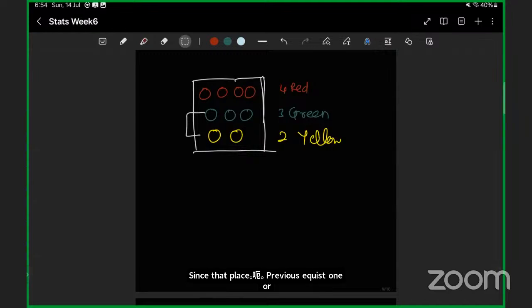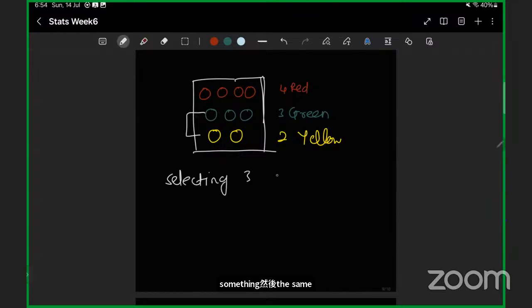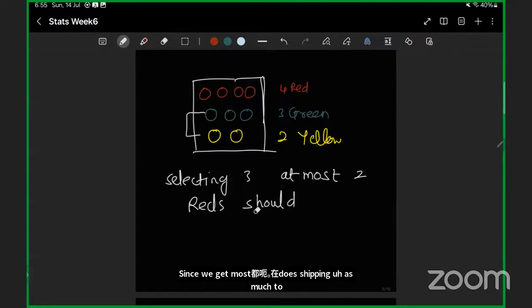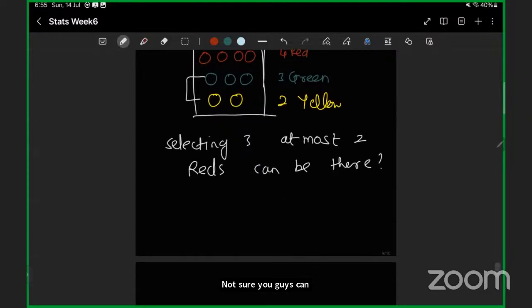Now let's say I'm selecting three balls, but I'm saying at most: select at most two reds. Two reds can be there, or at most two reds are possible. It's okay, so in this case I'm restricting the other way.